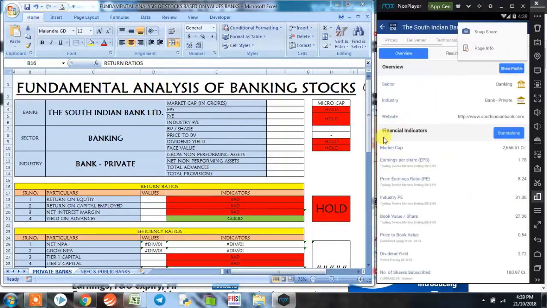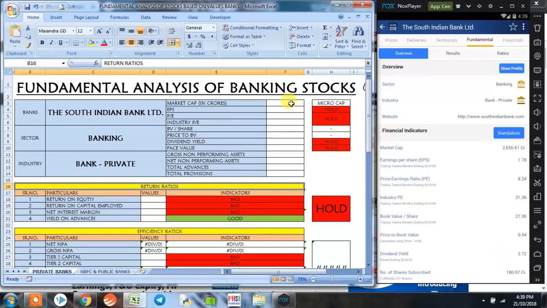Now we come to the financial indicators. We'll be putting these financial values onto our program. The first parameter is the market cap, which is 2656.61. Clearly it's a small cap company. The earning per share is 1.78.